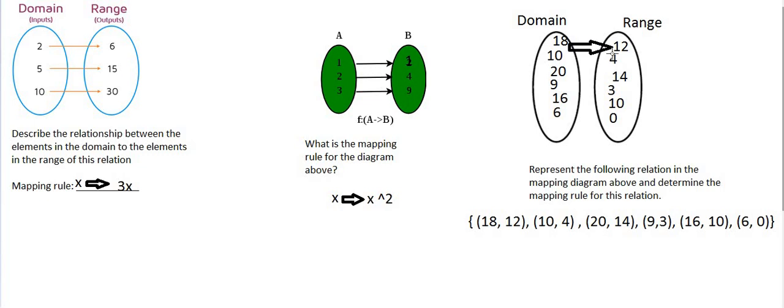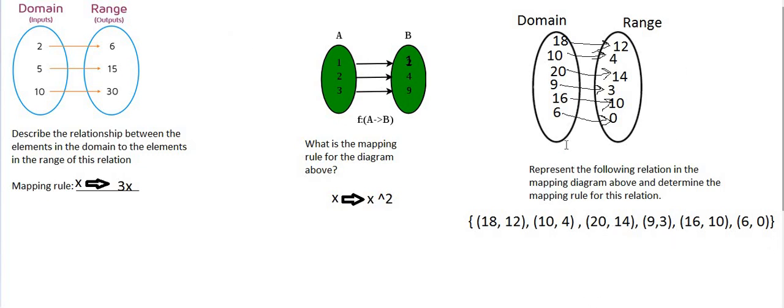So 18 maps onto 12, 10 maps onto 4, 20 maps onto 14, 9 maps onto 3, 16 maps onto 10, and 6 maps onto 0. Sorry about the wonky looking arrows.